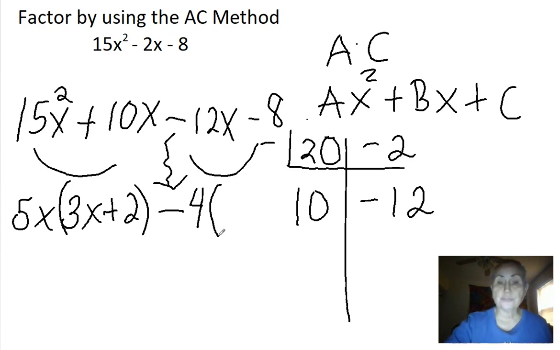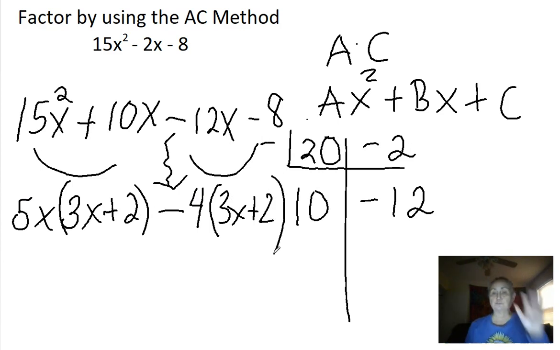So we're going to need a 3x and a plus 2. Like we said, if you put those parentheses following a negative, it's going to change that sign in the parentheses. Now, if you found the right factors that multiply for AC and add to B, you automatically will have a match. And that can also help you catch this sign. These two have to match as long as you've done this part right.